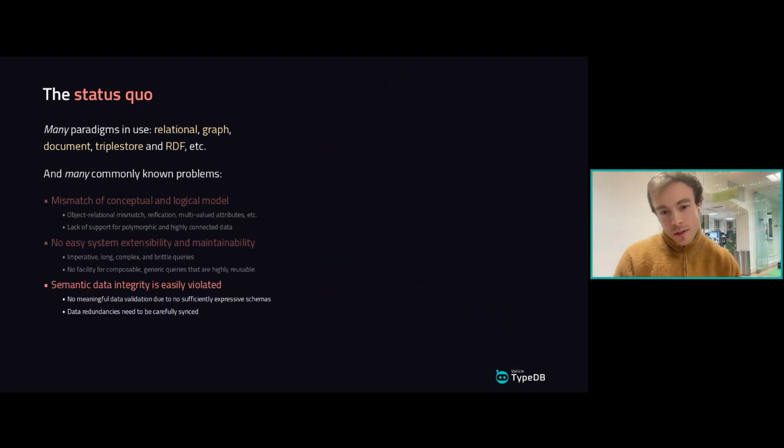And then the third issue I want to highlight is data integrity. So in the absence of a sufficiently expressive schema, we just simply cannot express certain dependencies that our data might have. And then, of course, we also can't meaningfully validate those dependencies. That easily leads to a violation of the semantic data integrity.